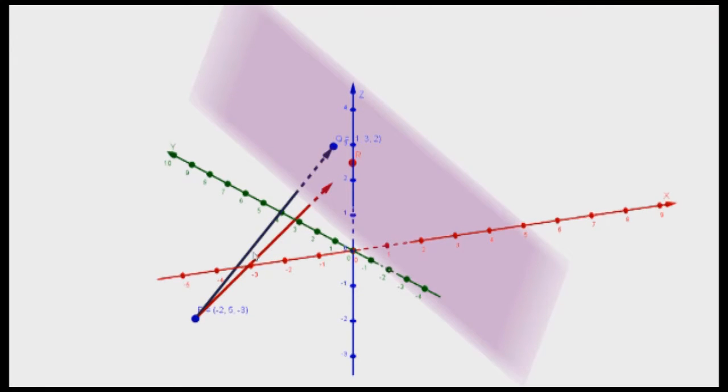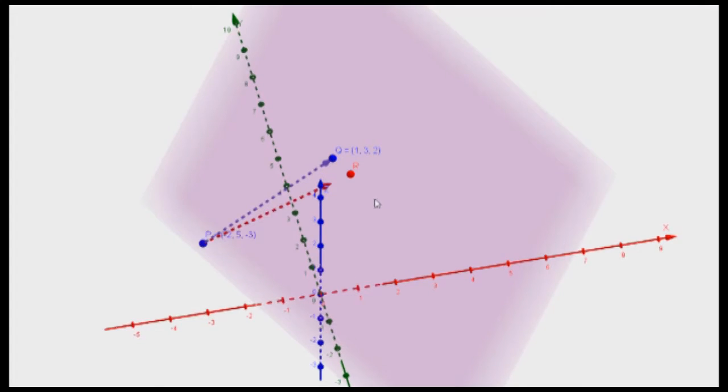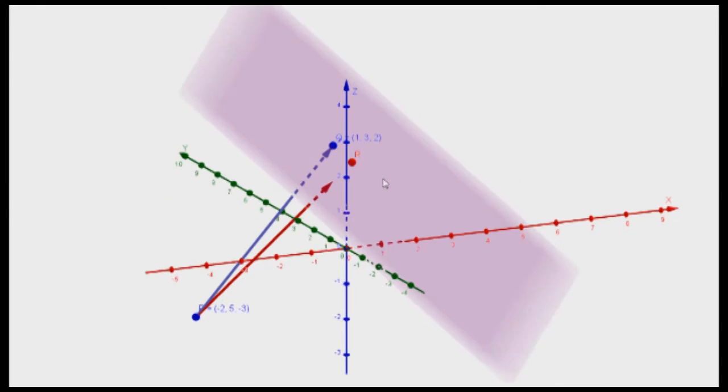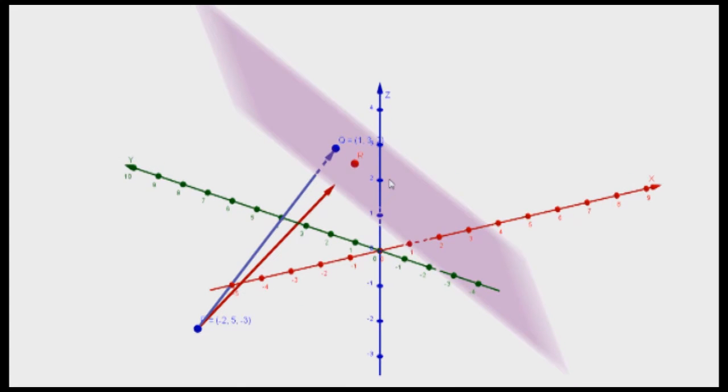But we just want PQ cos theta, which is actually the length here. Sometimes you can think of it as the length of the projection in the direction of the normal. That's the reason we normalize the vector, so that the result, PR, which is PQ cos theta, will be multiplied by its length, which will be just 1.